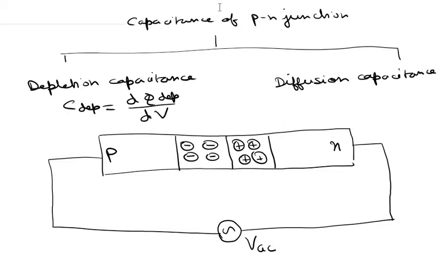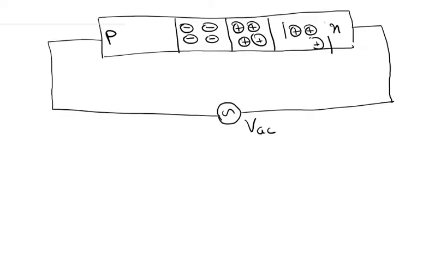Okay, now let us understand what the diffusion capacitance is. To understand this, let us again consider this PN junction which is connected to this AC voltage source. Actually, instead of this AC voltage source, let us consider a DC voltage source connected to this PN junction.